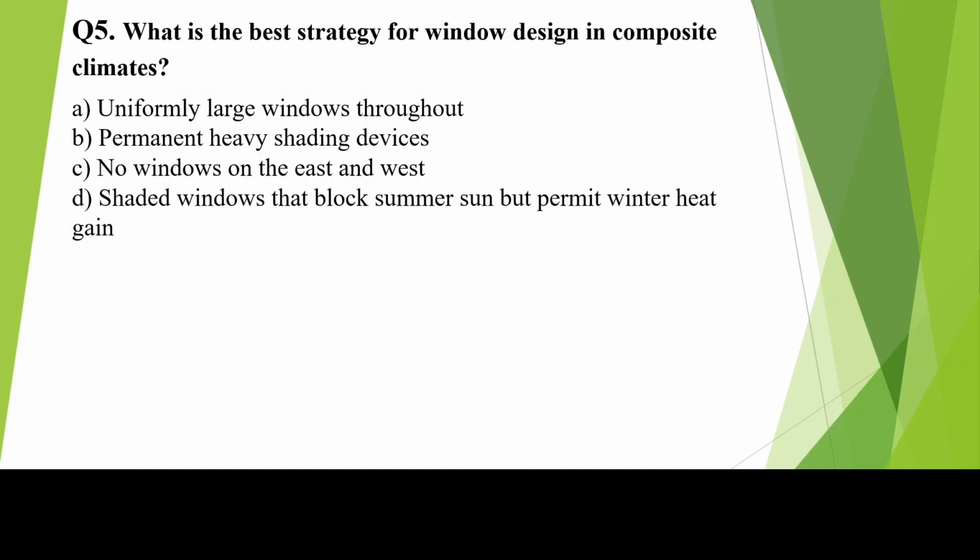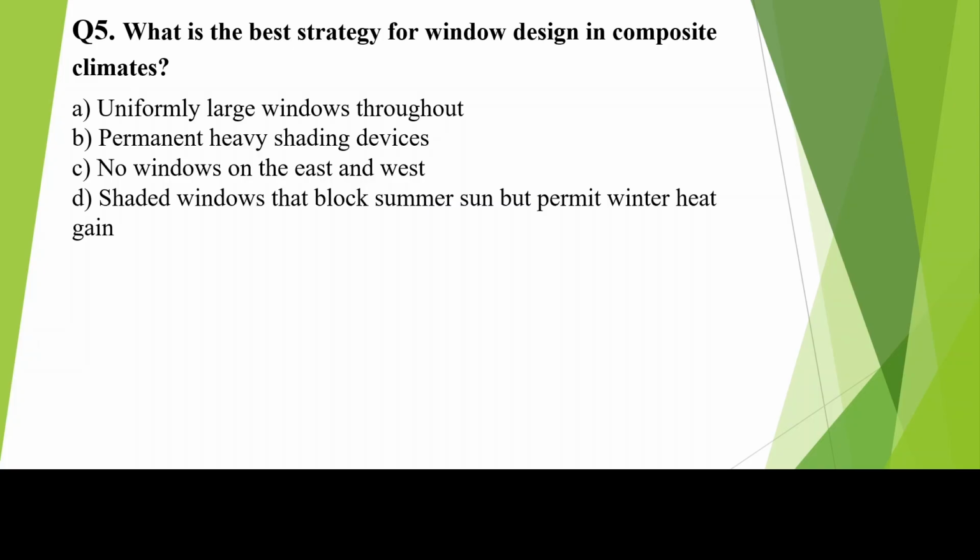That's why window design will be in such a way that it will have less heat gain during the summer and more heat gain during the winters. So option D is the correct answer for question number 5.